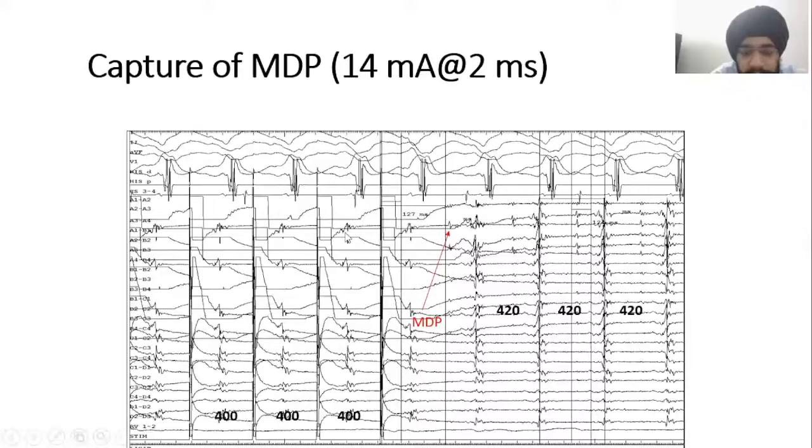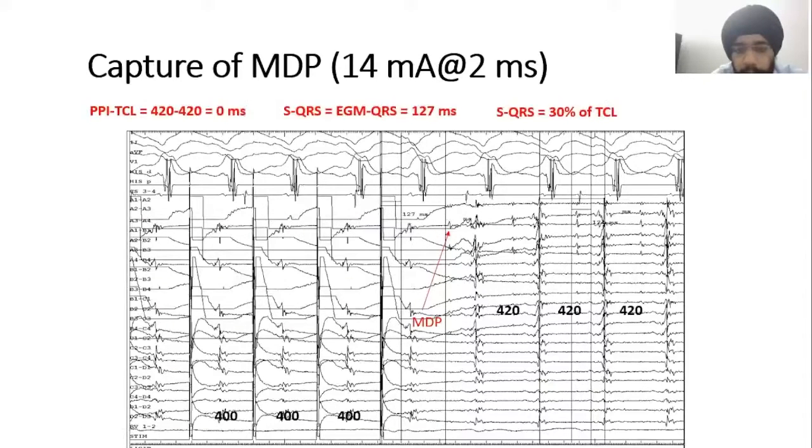Now we can see that the mid-diastolic potentials have been captured, and it is the local V which has not been captured. PPI minus TCL was 0 here, and stim to QRS was equal to EGM to QRS, which was 127 milliseconds, which corresponds to 30% of tachycardia cycle length, suggesting that indeed we were at the isthmus of the tachycardia.